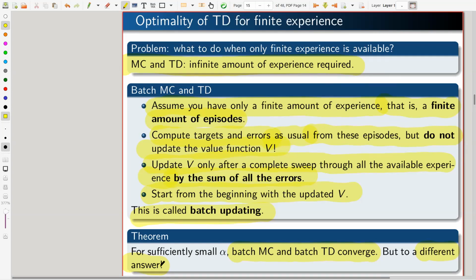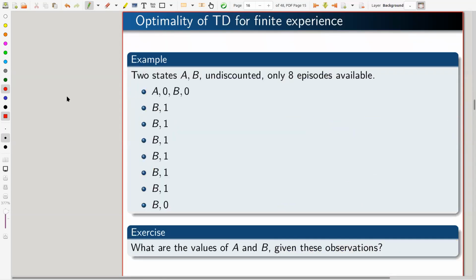I can't say the true answer to the problem. But nevertheless, I will try to convince you that in this setting, the answer given by the temporal difference method is better than the answer given by the Monte Carlo method. And I will test this with an example.